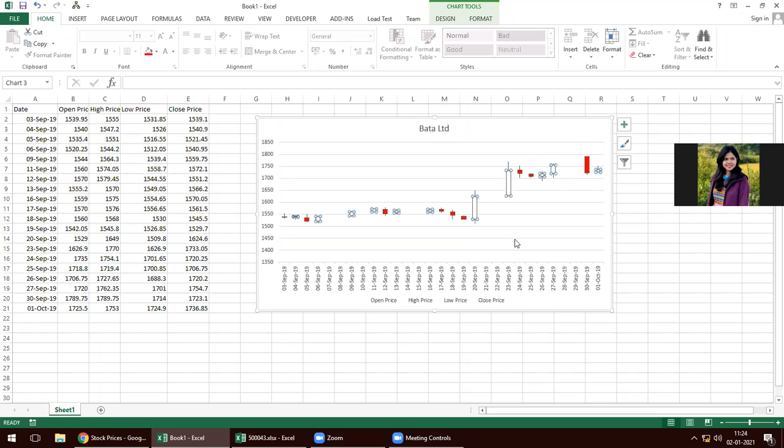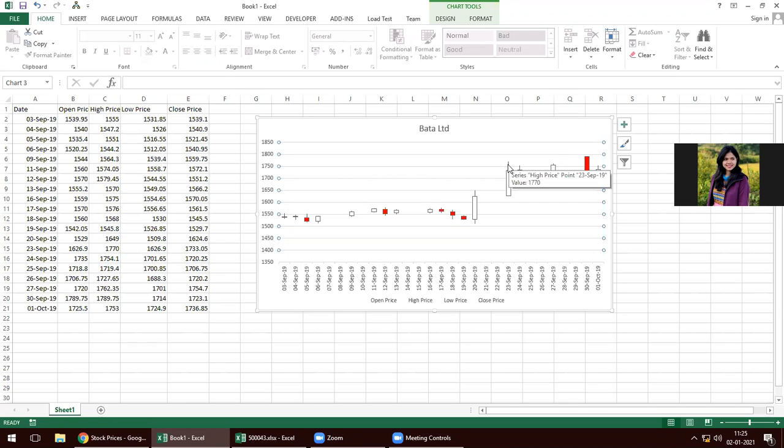On 23rd September, what happened? The opening price is 1,626, but its closing price is 1,733. Heavy increase. Also, the high price is 1,770.